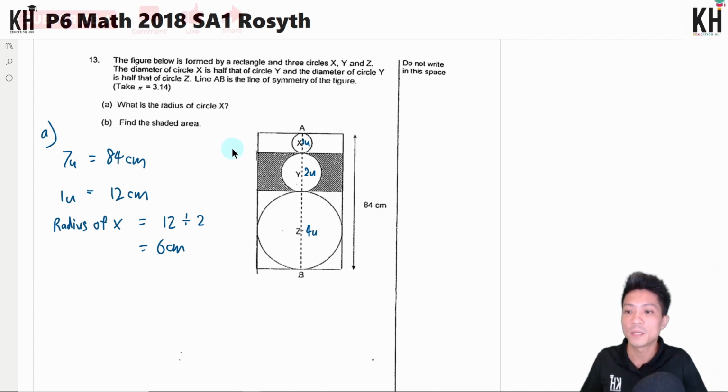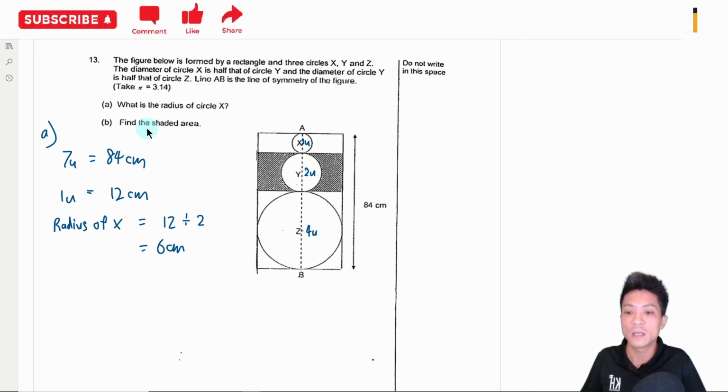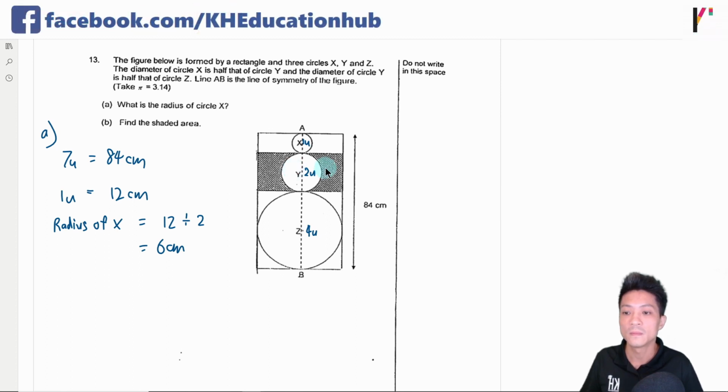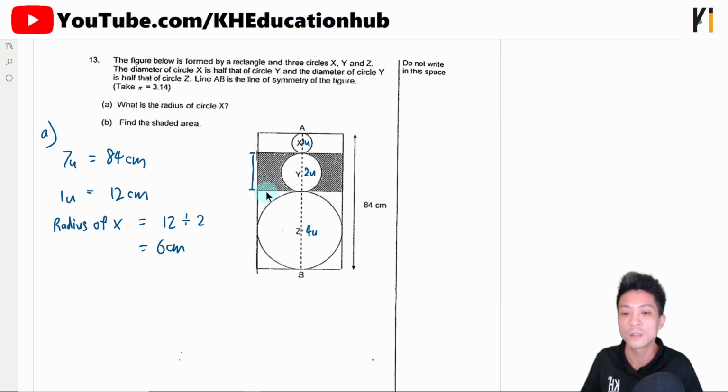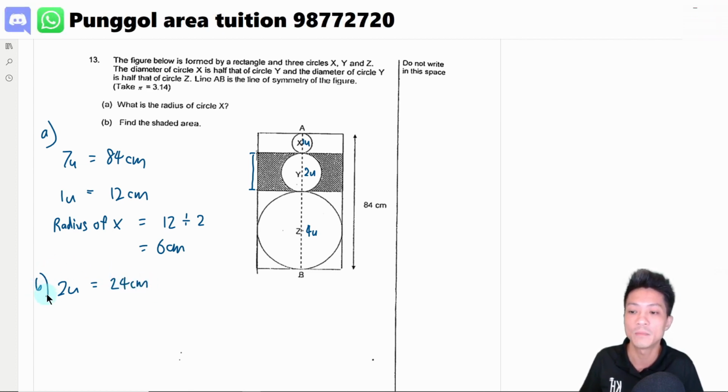Next for part B, we need to find the shaded area. To find the shaded area, let's find out the length, that means here to here, sorry, the height and the breadth first. So I need what is 2 units. 2 units is equal to 24 centimeters.